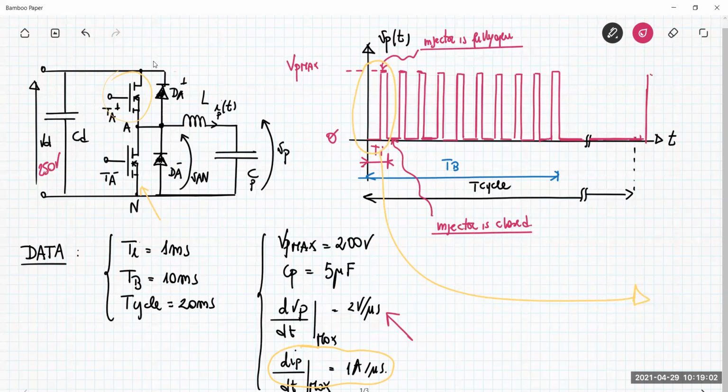The voltage VD is also the voltage that you have in each transistor when they are open. Okay, for example, when TA plus is closed and TA minus is open, the voltage across the transistor TA minus, across the drain to the source, is exactly the voltage VD, which is 250.